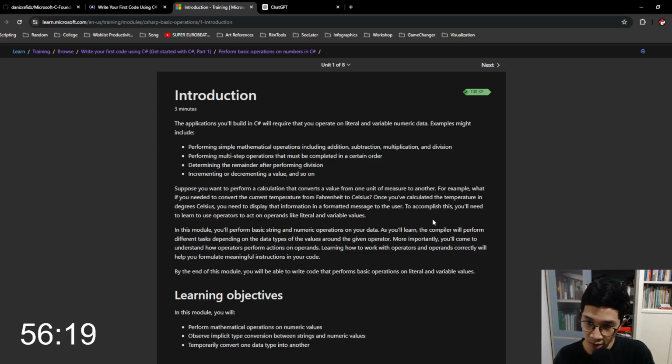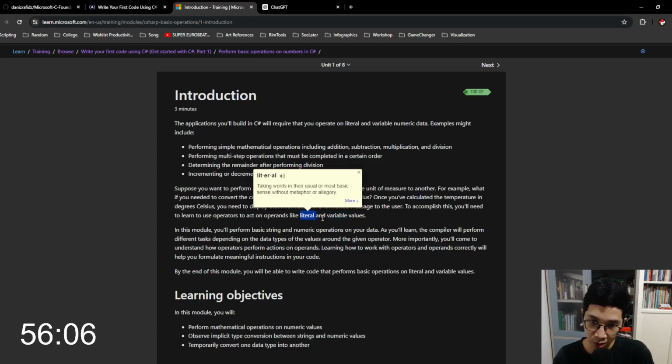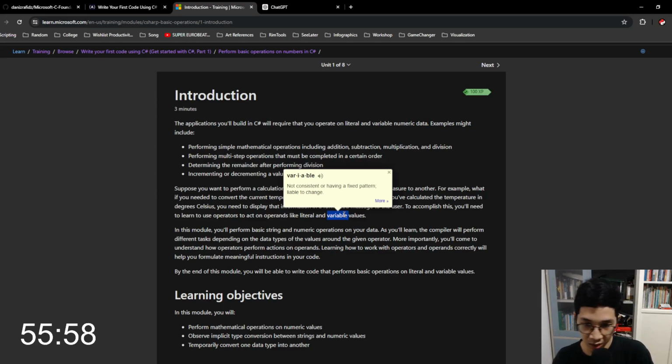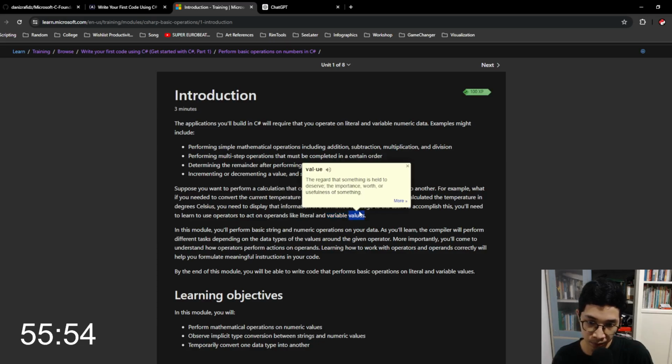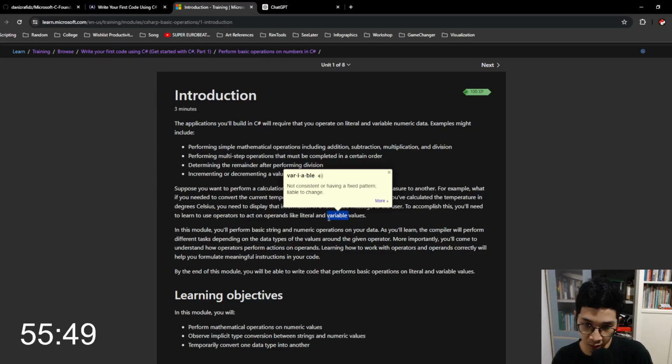To accomplish this, you will need to learn to use operators to act on operands like literal and variable values. Always literal and variable. Don't forget that literal means constant, it can never change its value, but variables are very versatile, you can change them later anytime, and many programs use this.